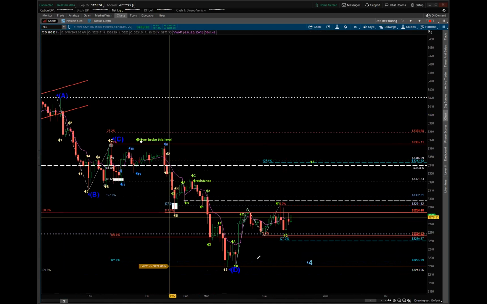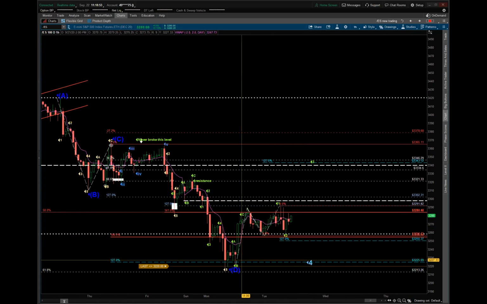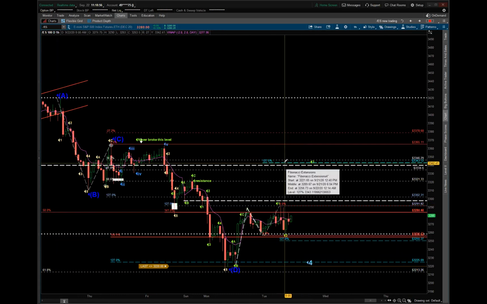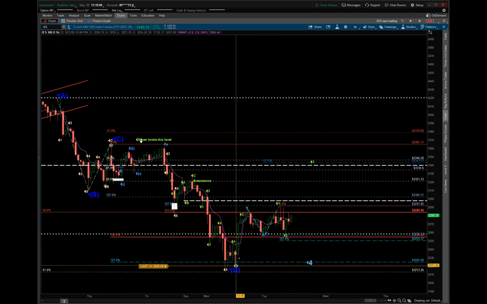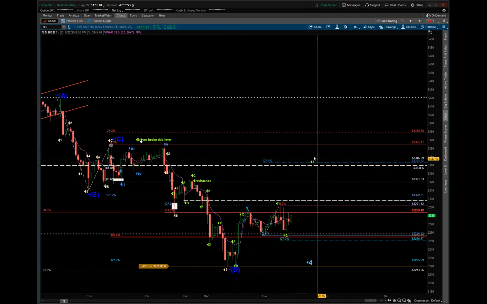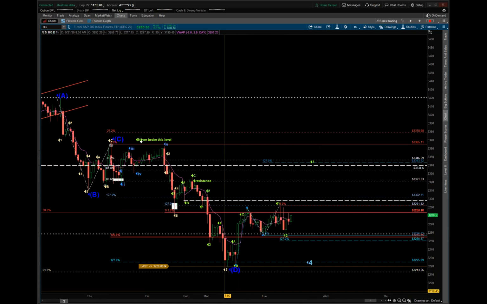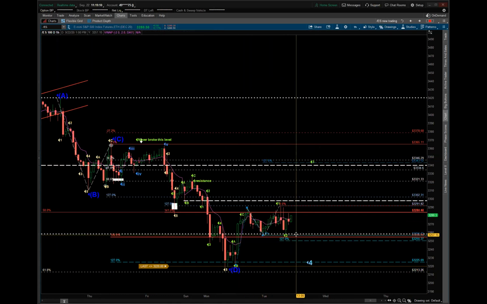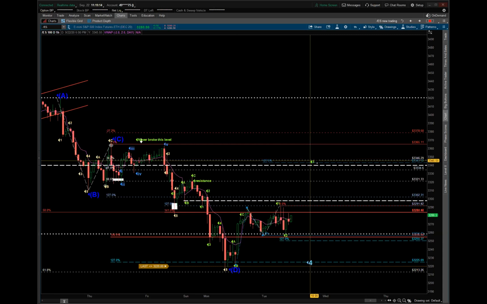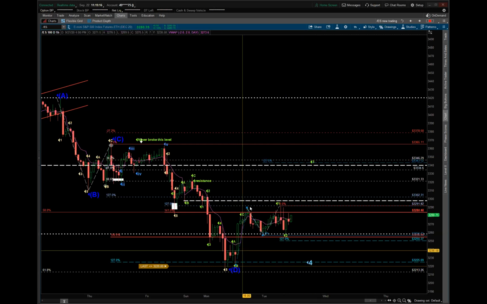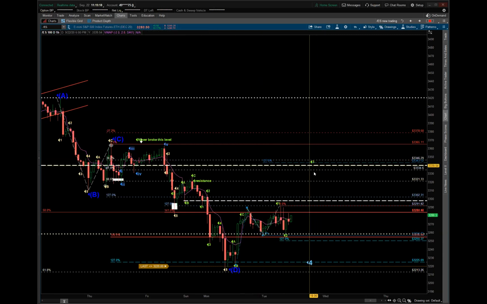You can measure. Right now, I can tell you we have an ABCD from here, A, B, C, and that's why I trace here number 3, 127. It never broke below this level, so this is still a valid ABCD. You can see here A, B, C, D to this level.